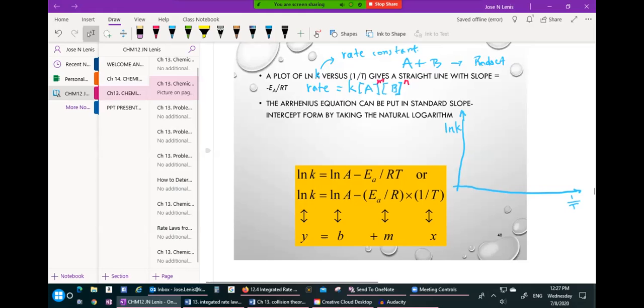The orders of the reaction, m with respect to A, and the order of reaction n with respect to B. So we have here the rate constant. Remember, this constant is temperature dependent also.